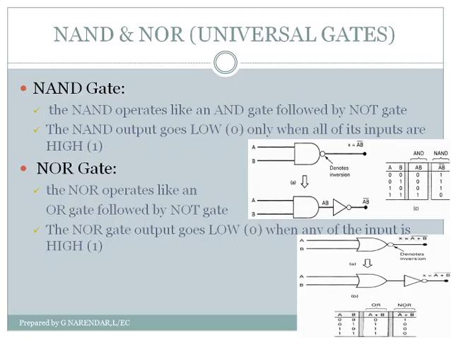If we look at the logic symbol of NOR gate, compare this with the logic symbol of OR. There is only one difference, that there is a very small bubble, a very small circle, and this small circle denotes the inversion.